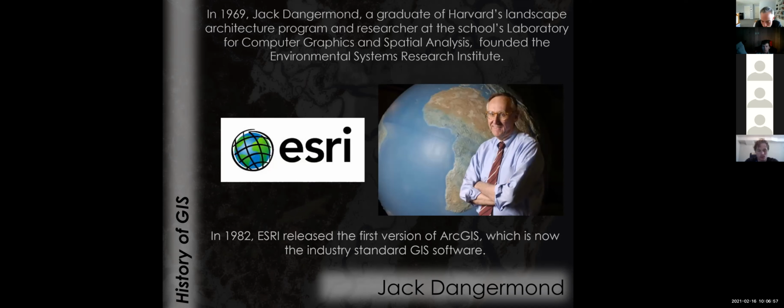Jack is still very much involved in the company and in GIS technology. He hosts the Geodesign Summit that I go to most years in February. Of course, this year it was virtual, but he still hosts that as well as all sorts of different GIS conferences around the country.